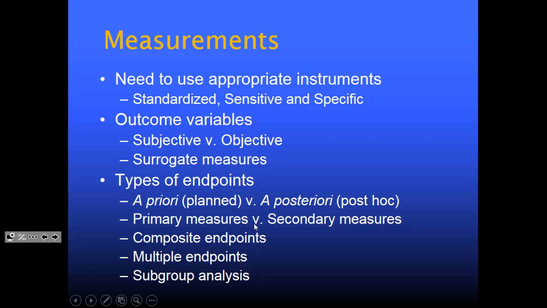Primary versus secondary measures. Oftentimes when you set up a study, you want to know, does this drug do this effect? That's your primary outcome. But since you're going through all this time and expense, all this effort, oftentimes you'll do secondary endpoints. So the diabetic, maybe we'll power our study based on effect size. We'll get a sample size of 500, whatever.